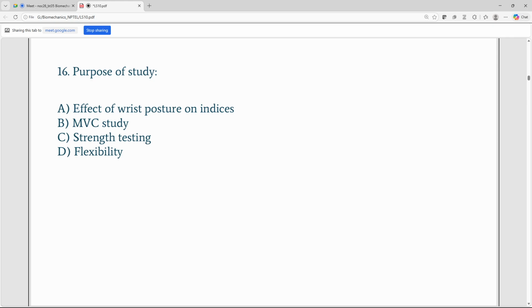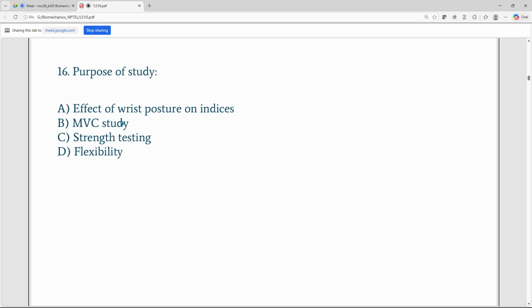Next question. What was the main purpose of the study? Options are: option A, effect of wrist posture on indices. Option B, MVC study. Option C, strength testing. Option D, flexibility.